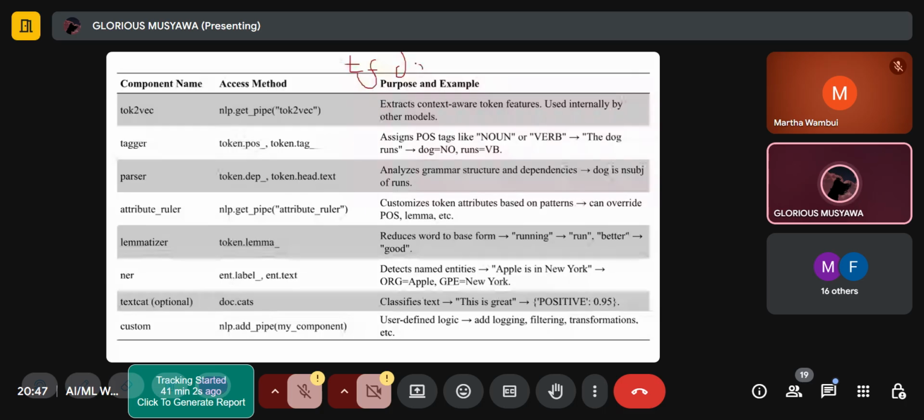You have some default data sets. If you want to convert something into a tensor, because we said TensorFlow's data type is called tensor, you can say tf.tensor, etc. So it's almost the same here. We are trying to access things, so you say nlp.get_pipe, and it's the same. I don't want to get into it because I'm teaching you the code, so I don't think it makes a lot of sense. But this is just a summarization of maybe the most common attributes for spaCy.